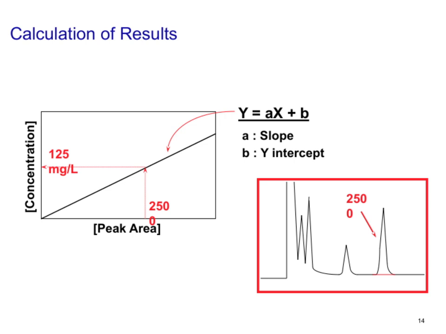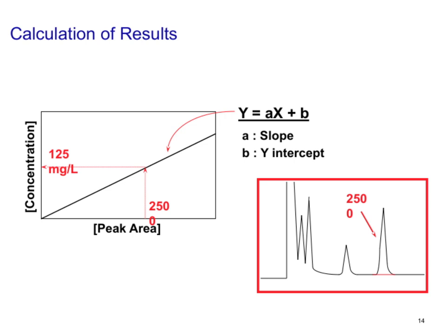By knowing these parameters, we can accurately calculate unknown concentrations from their peak areas using this linear equation. This is fundamental in analytical chemistry because it allows us to convert raw data into meaningful concentration values. So, understanding the slope and intercept helps us interpret our results precisely and ensures the reliability of our analysis throughout the process.